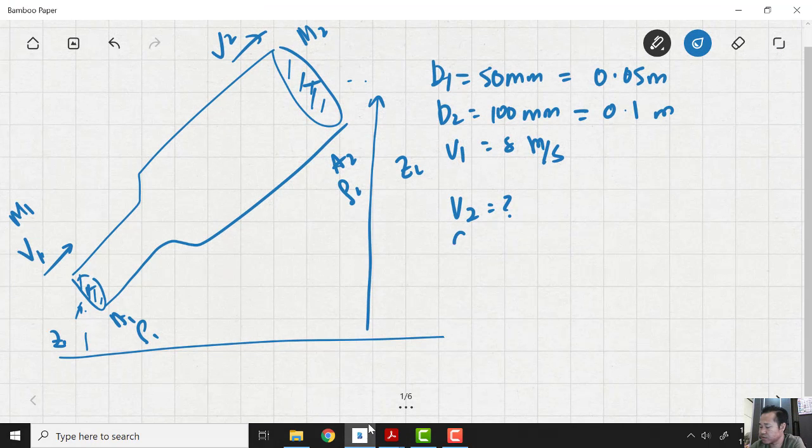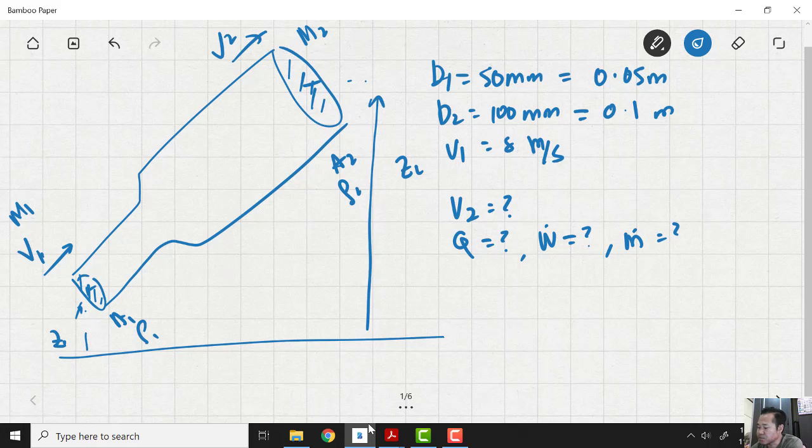So we want to find Q, w dot, and m dot. These are small w and small m, not capital letters.